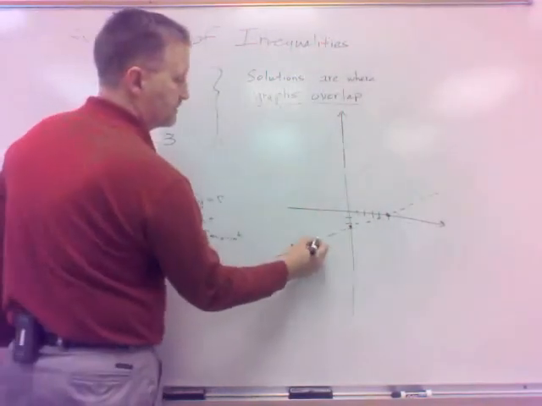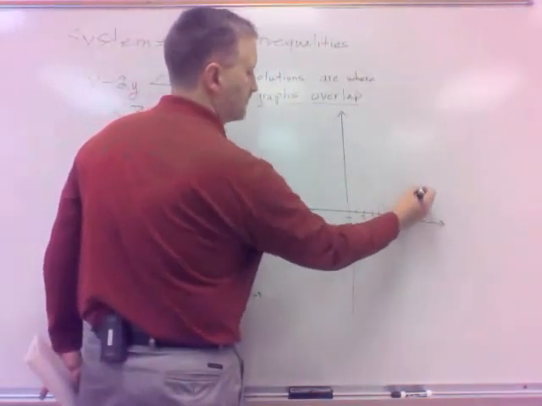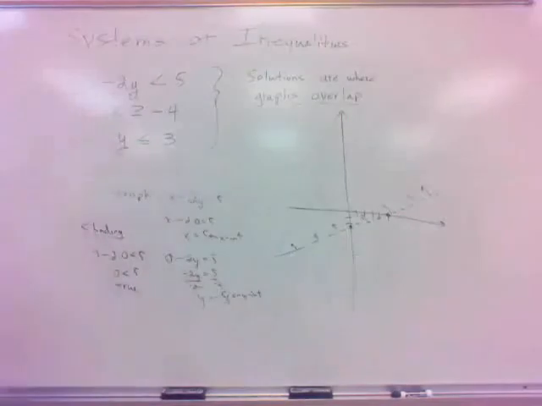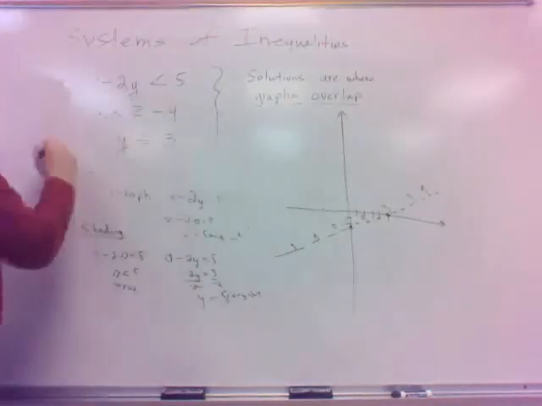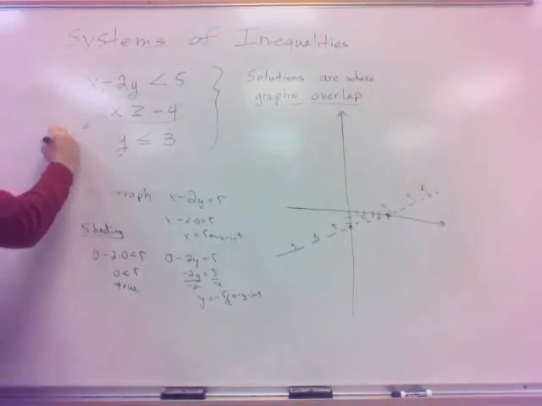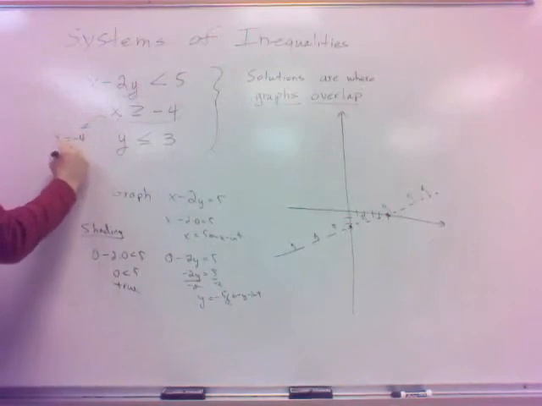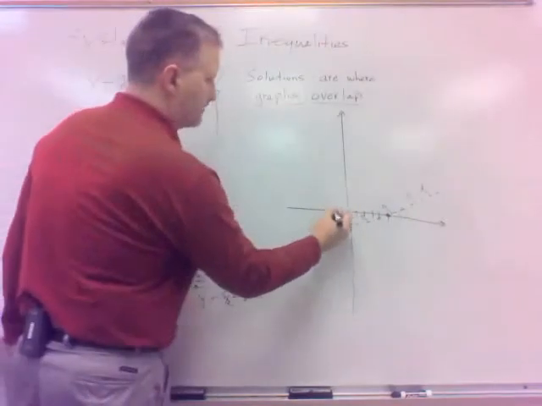So let me just say I'd be graphing above. All right. The others. Well, the other two are a little bit easier. What about x is greater than or equal to negative 4? Well, x equals, that's a vertical line, right? X equals a vertical line. So we'll go through negative 4 on the x, vertically speaking.